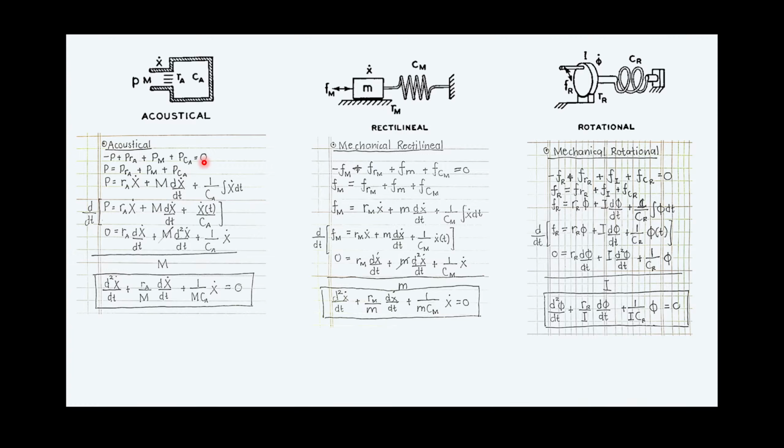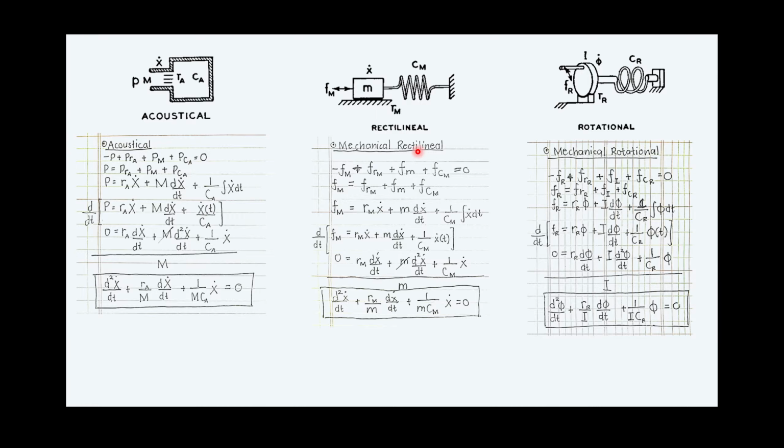Actually it's very simple. It comes from the energy conservation. In circuits we have Kirchhoff's law, the summation of voltages is equal to 0, or KCL, the summation of currents is equal to 0. Basically all of them come from the idea that energy is neither created nor destroyed.